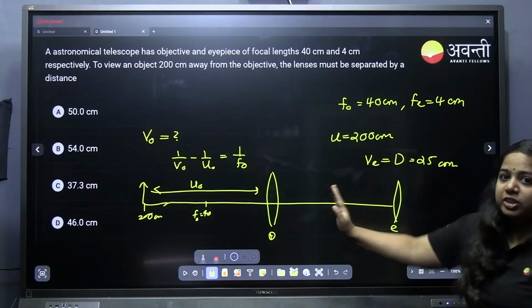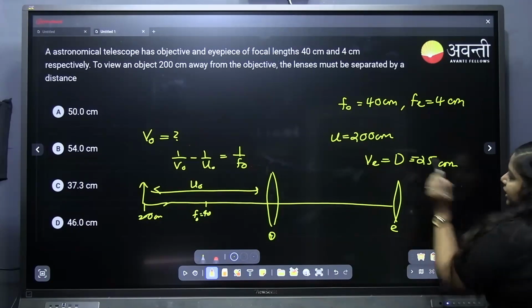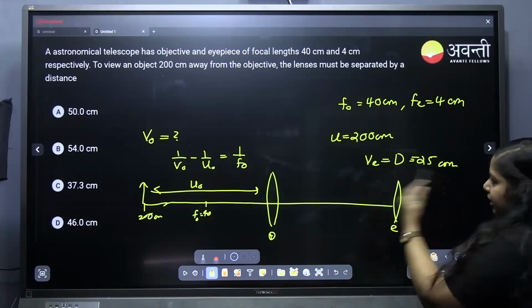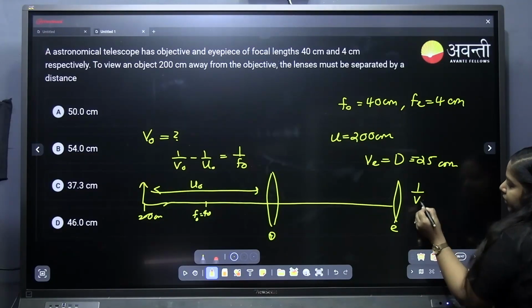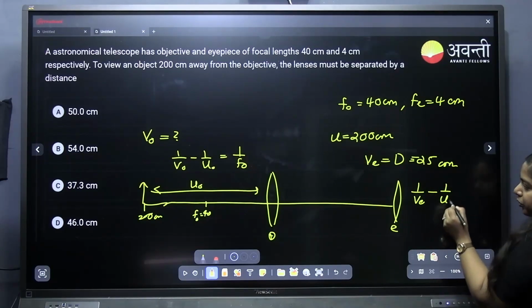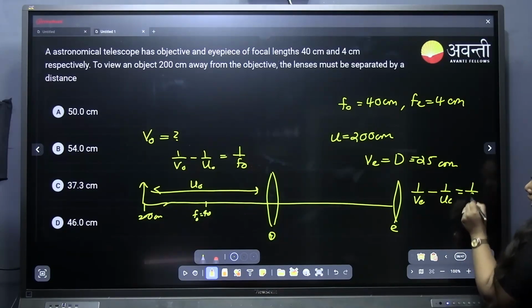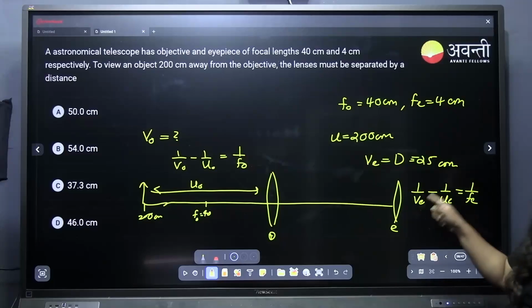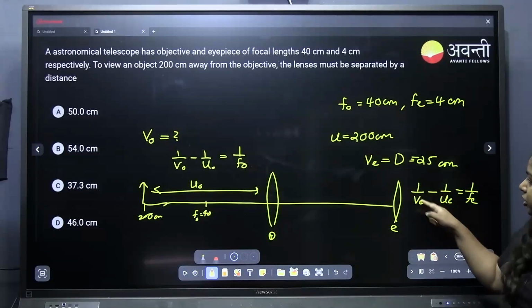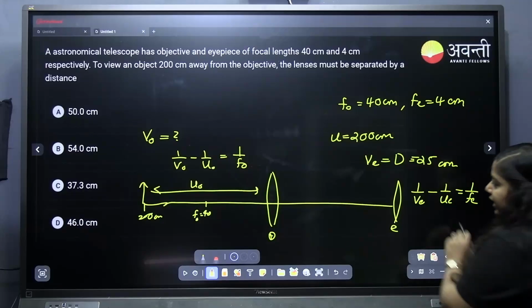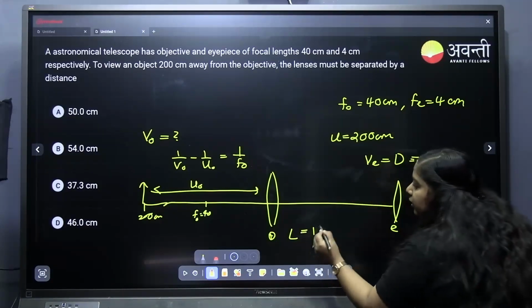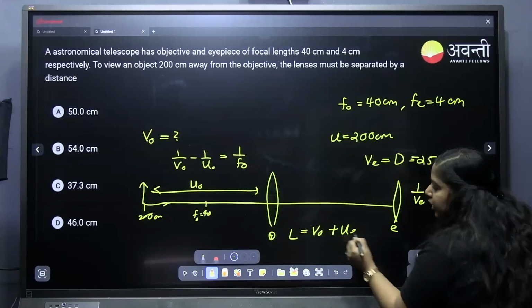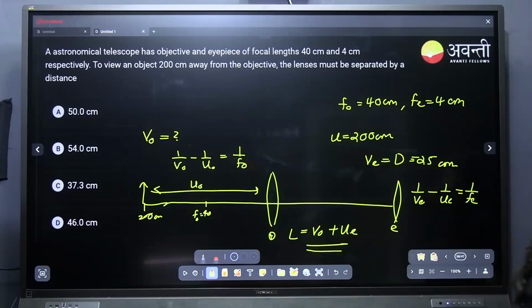It will be a virtual image, so it will be minus 25 centimeter. Then we can find UE, 1 by VE minus 1 by UE equal to 1 by FE. Then finally, when you get UE and VO, L is equal to VO plus UE.